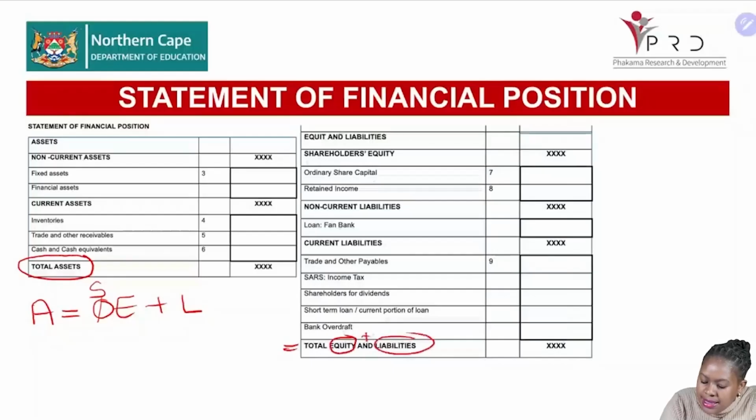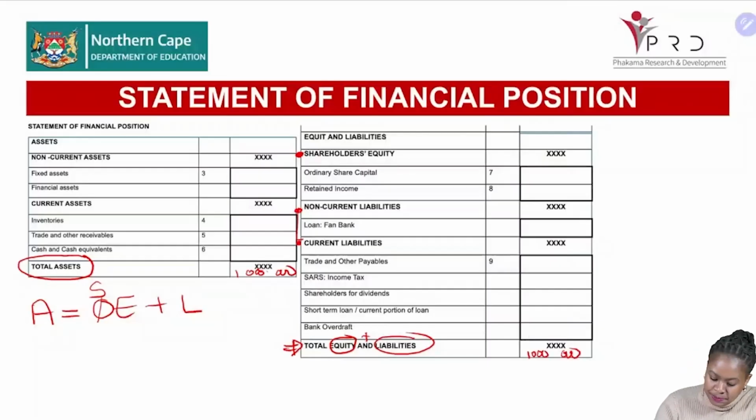So then it means that I have to say the shareholders' equity added with the non-current liability and current liability, because this forms part of my liabilities. Then it will give me my total owner's equity. So meaning that if we calculate our total assets to be 1 million, it means definitely then our total equity and liability must also be 1 million.